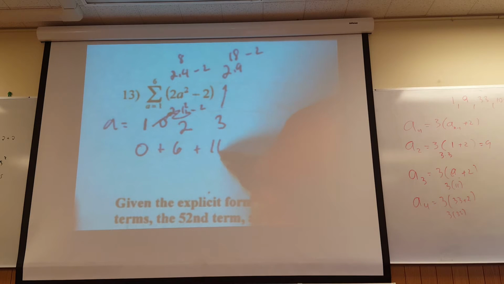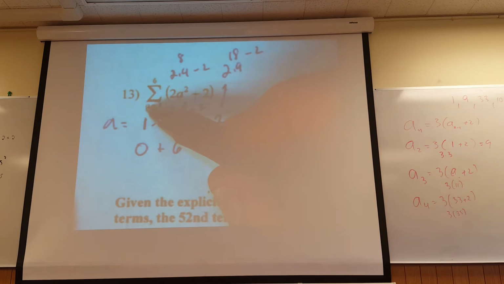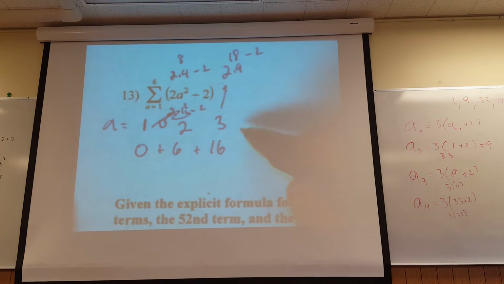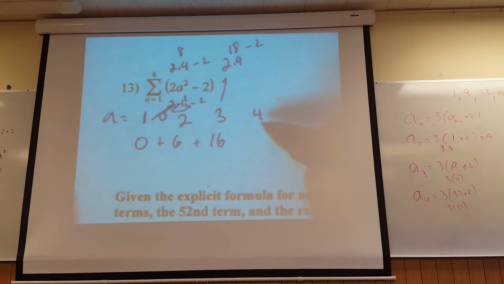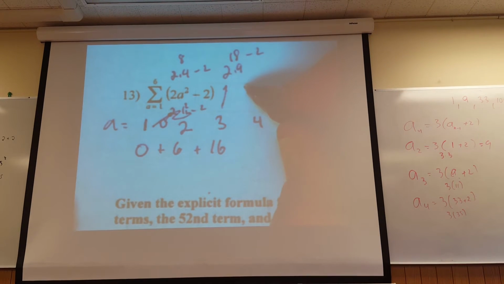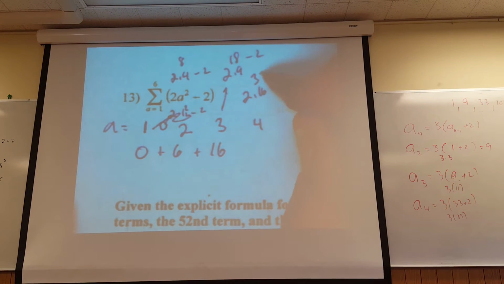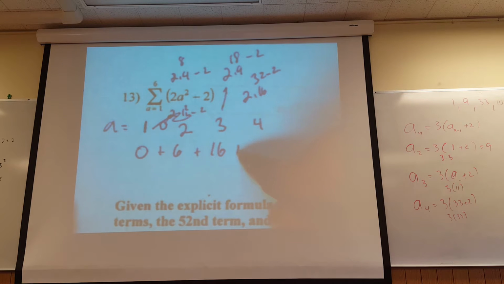2. Okay, now don't let me make a mistake here. You guys see that I'm doing something weird. Okay, now we got to go from A equals 1 to 6. So I got to put A is 4 in there. Now that's 4 squared, so that's 2 times 16, which is 32 minus 2. So that's going to be 30.